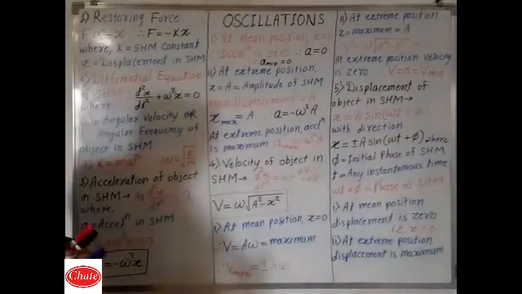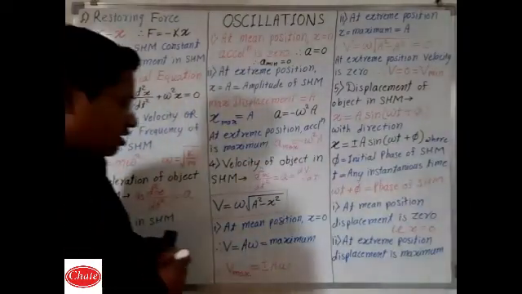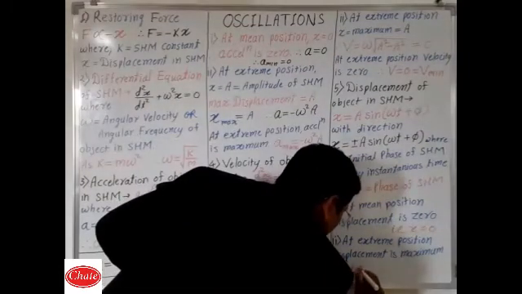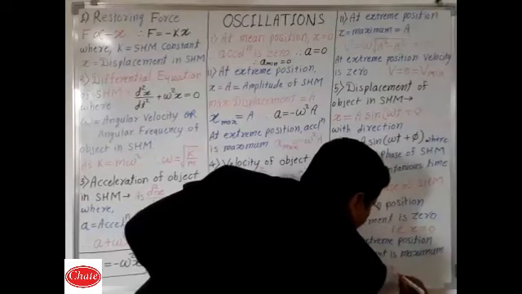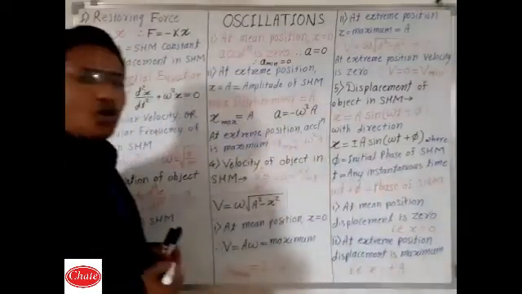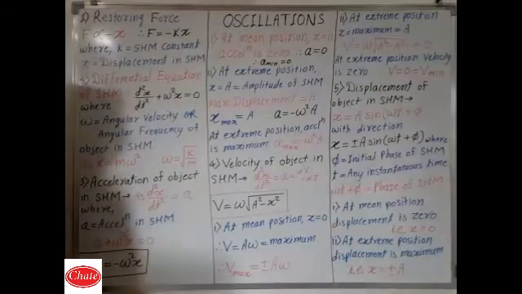Displacement extreme position ला काय असते displacement maximum असते. That is x is equal to plus or minus a. Plus or minus a. Done.